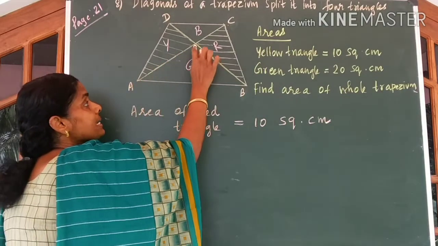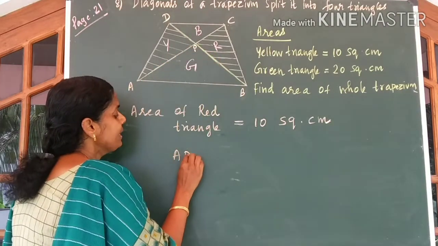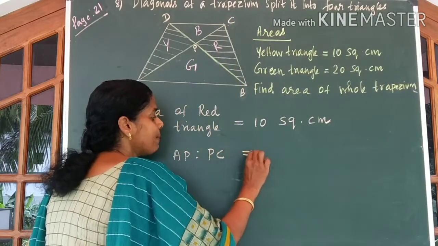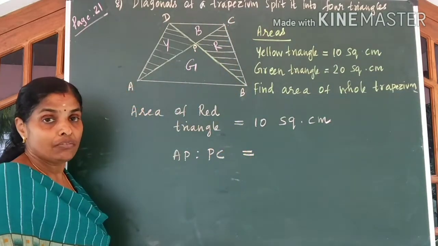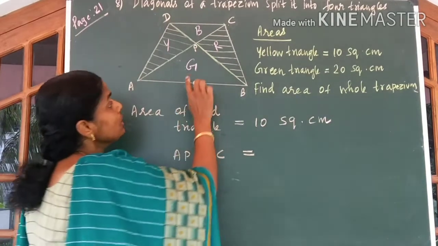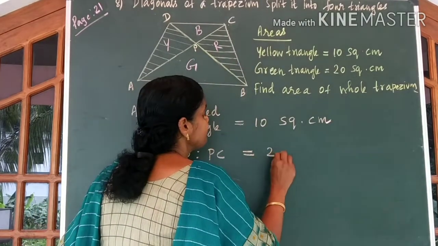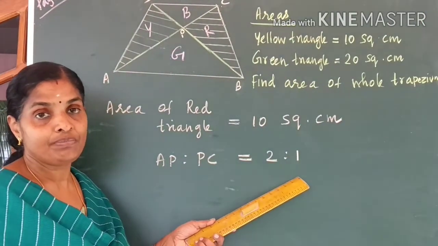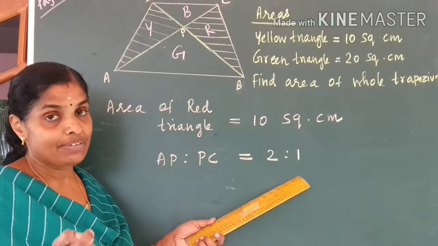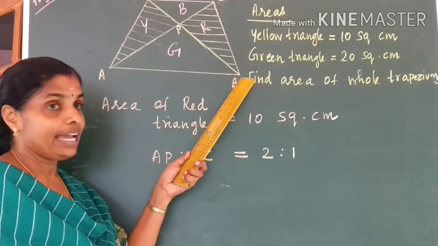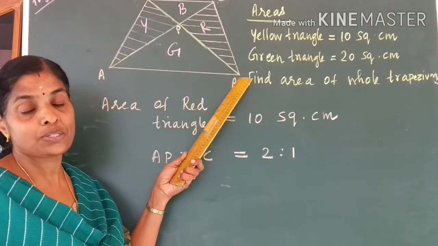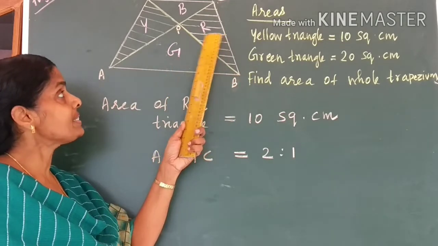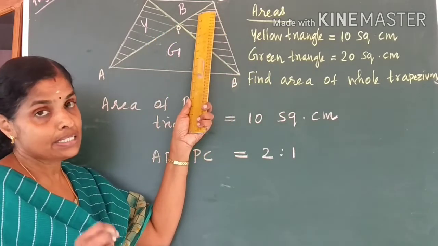Now we can write AP is to PC will be equal to 2:1. How did I get 2:1? It is because our idea is a line drawn from the vertex of a triangle divides the areas and bases in the same ratio.